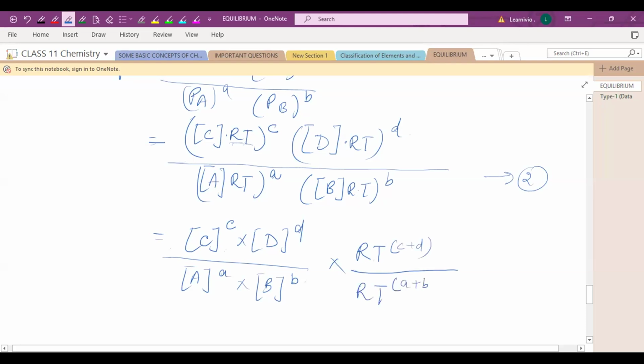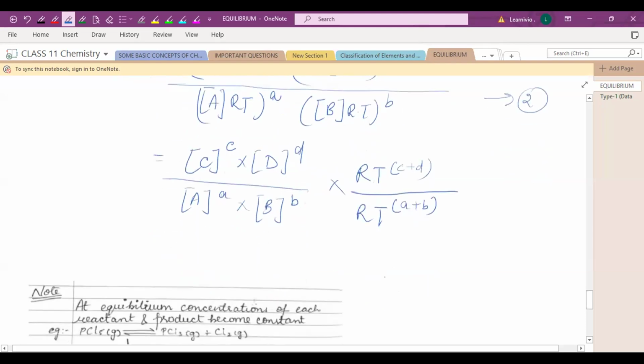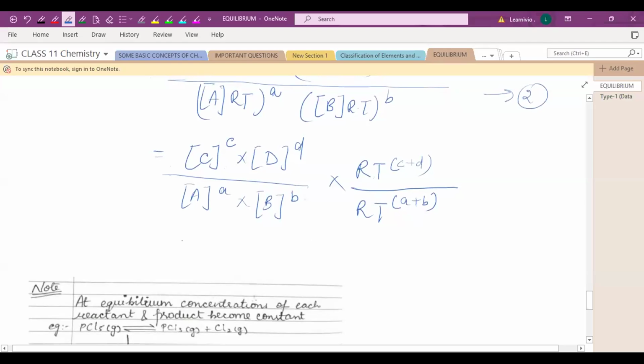Let me minimize my writing size. Now see, which law of exponents can we apply here? Suppose this is 10 raised to some power, and this is again 10 raised to some power. The base is the same, they are divided, and the powers are different.